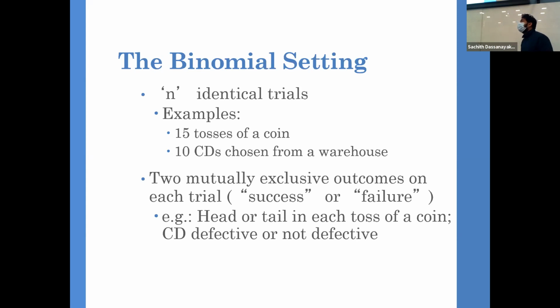Another way: I'm going to flip the coin again, but this time I need to check how many tails I have. So right now, my success is the number of tails. So success and failure are based on how you define the problem. Clear?